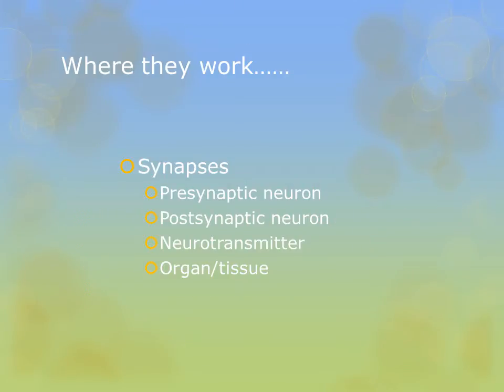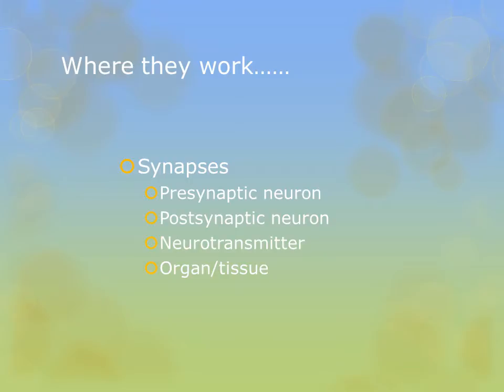Again, because they are working on altering levels of neurotransmitters, they're going to work in the synapses. This can be that they prevent a response traveling down the presynaptic neuron.